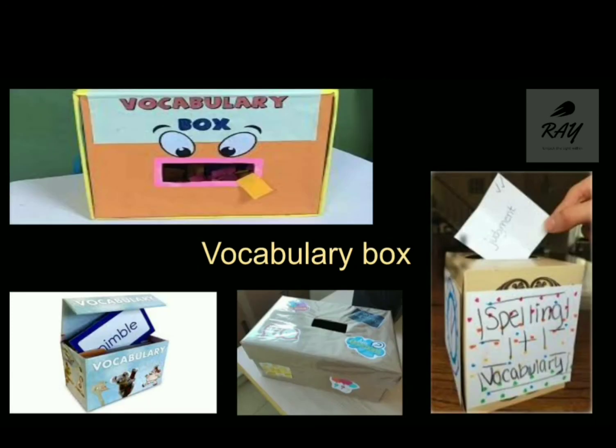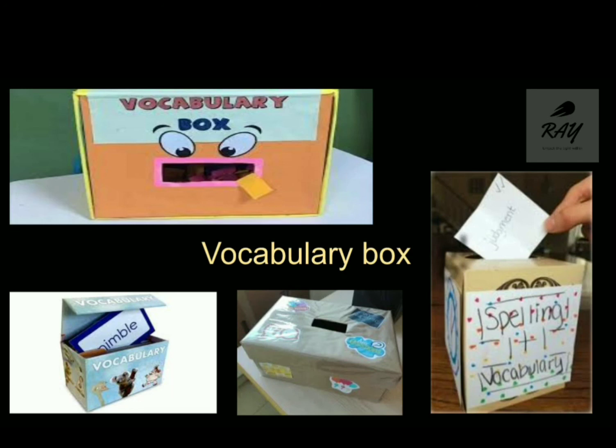And one more is the vocabulary box. This is something that you can plan according to your creativity. What you could do is, at your home, in the living room or a study room or in your classroom, prepare a nice, well decorated vocabulary box, and keep some cards next to it.